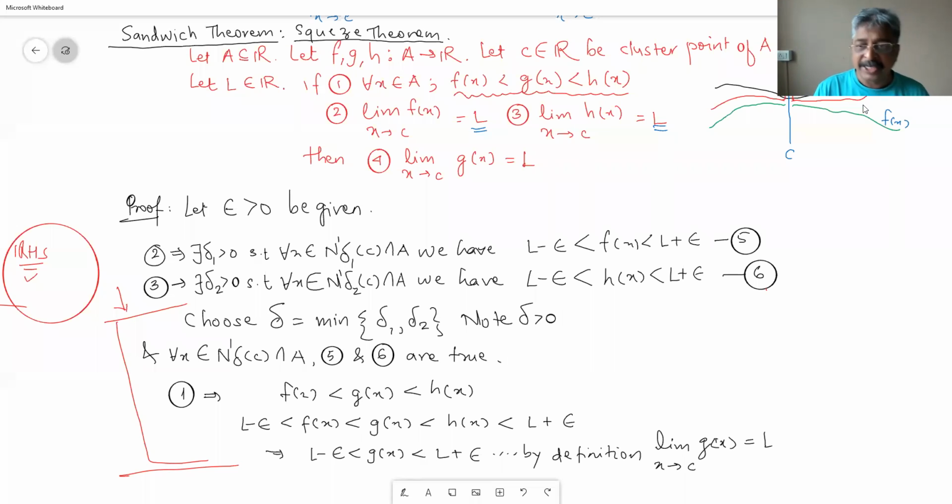But if it is surrounded by two good functions that are well behaved and easy to analyze, their limits exist, and their inequality is consistent, then using the squeeze theorem, in the delta neighborhood of c, that inequality holds. Of course, if this inequality is not consistent, it is not going to work. So the sandwich theorem helps us deal with complicated functions which are sandwiched between two easy functions.